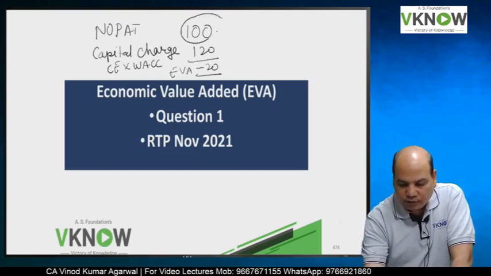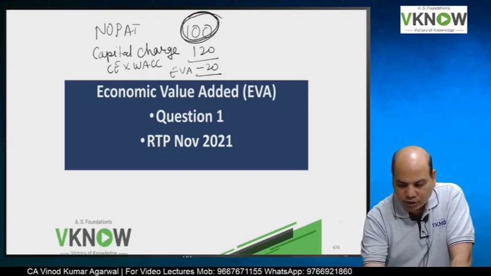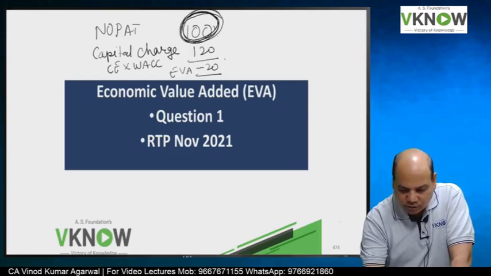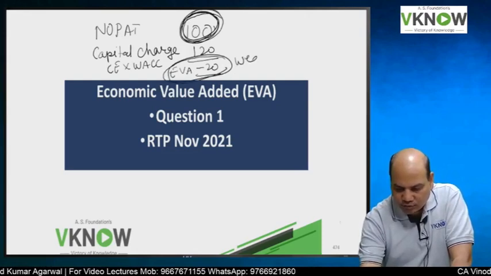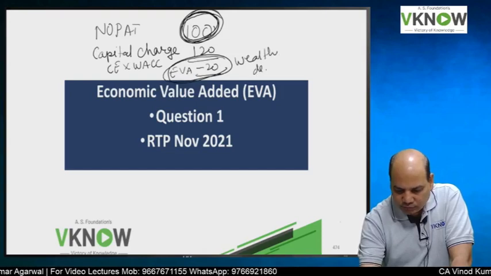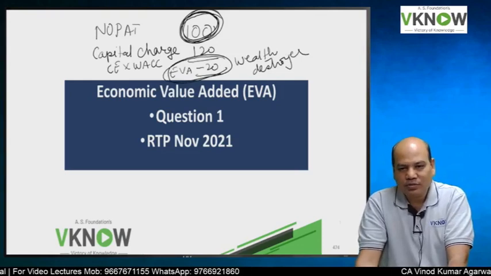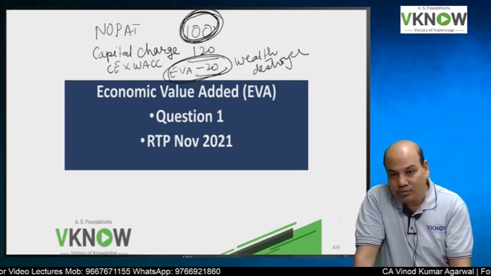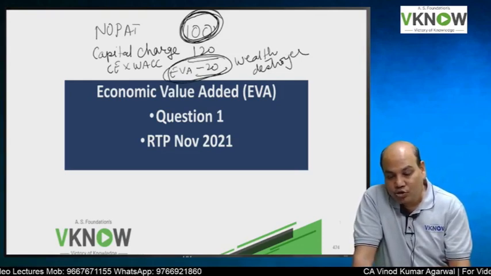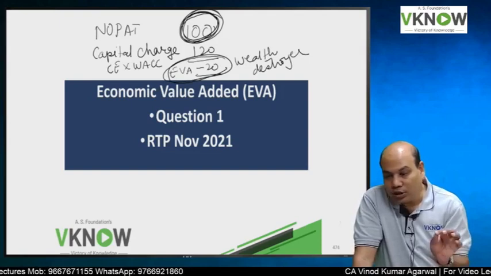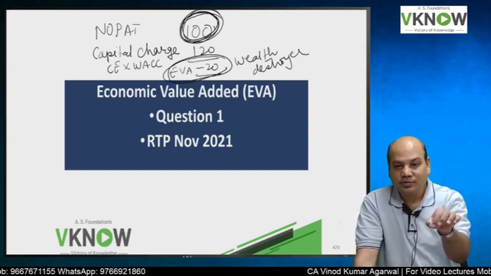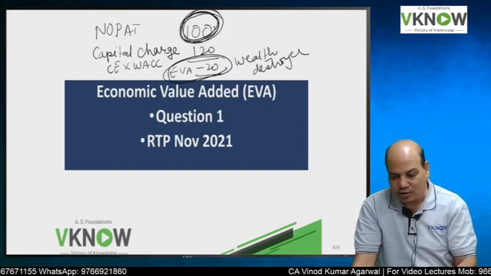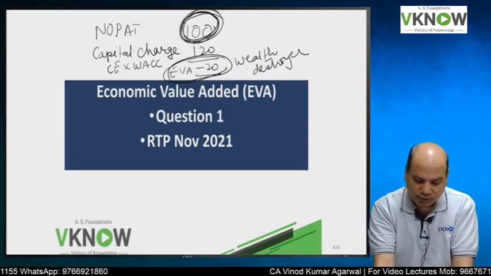So even if you are making a profit of 100 crore, but if your EVA is negative, you are a wealth destroyer. But if EVA is positive, it means you are generating profit more than cost of capital, and you are a wealth creator. So that is the concept of EVA.